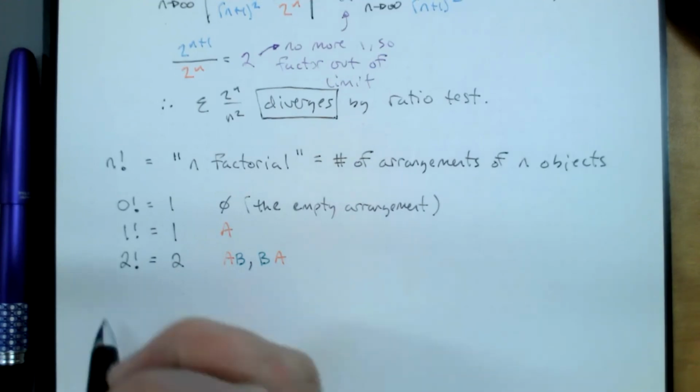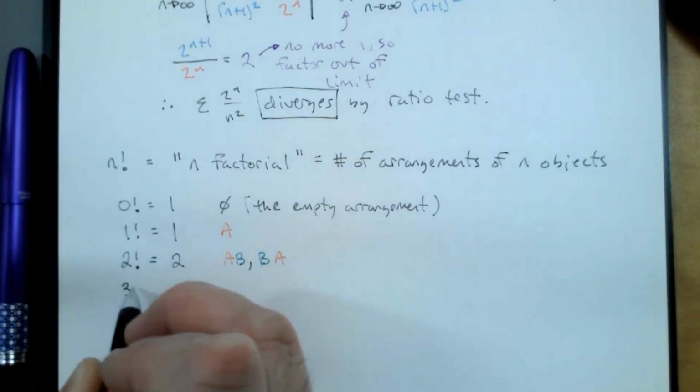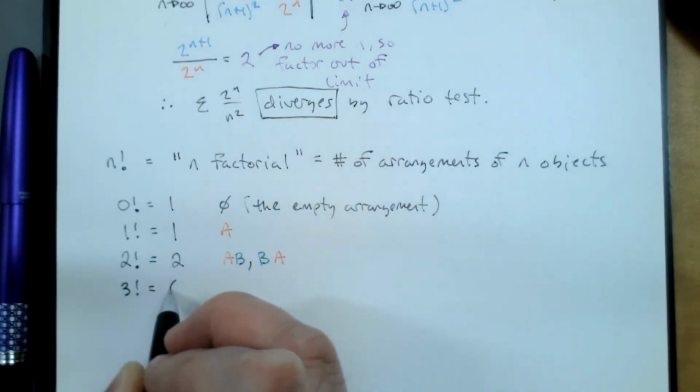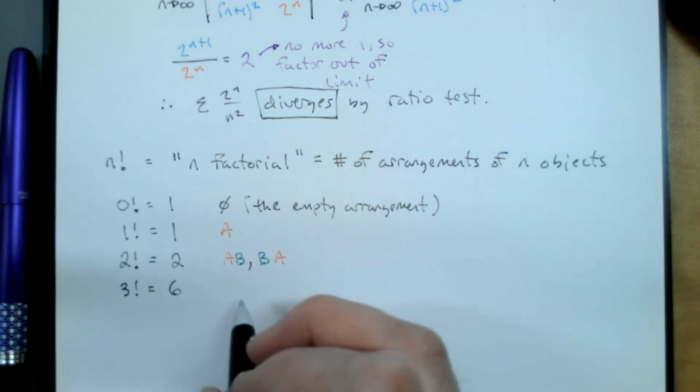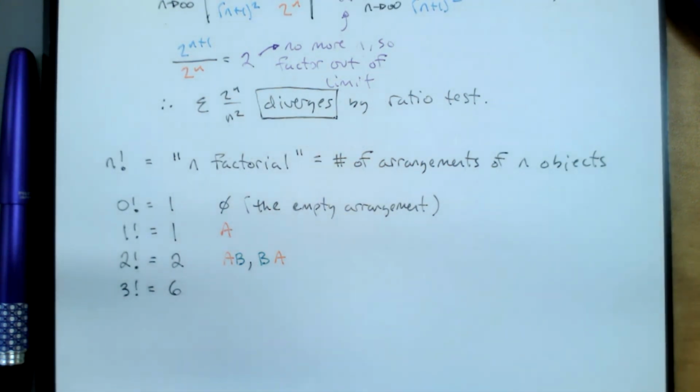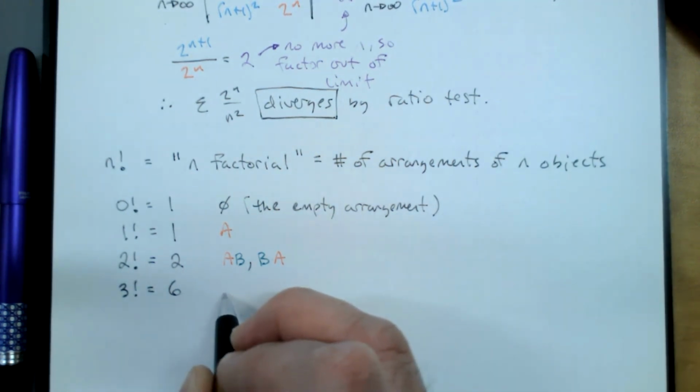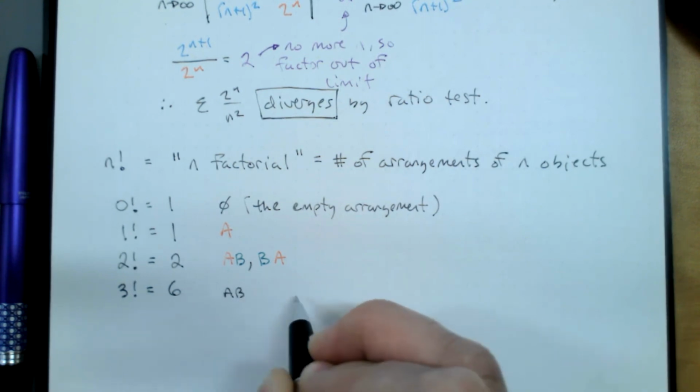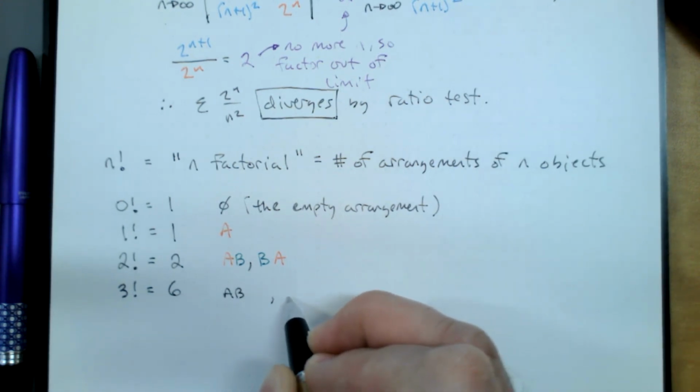Three factorial is equal to 6. So I have 2 objects. I've got 3 places I can put a third object. I could put C at the end. I could put C in the middle.